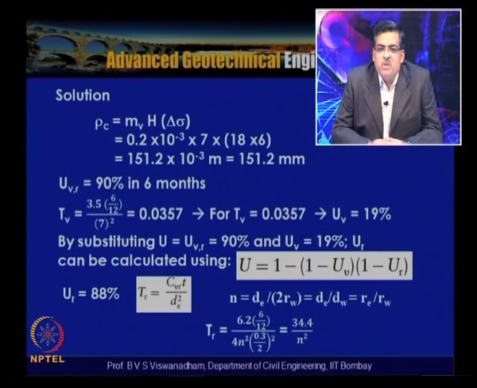By using TV equal to pi by 4 into U by 100 whole square, we can calculate UV, which is only 19%.